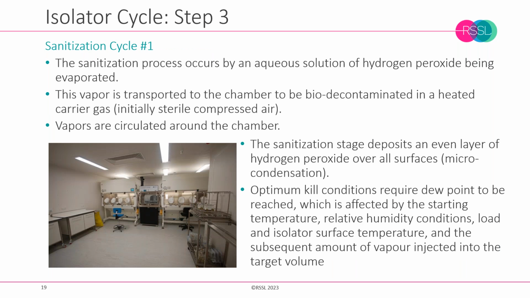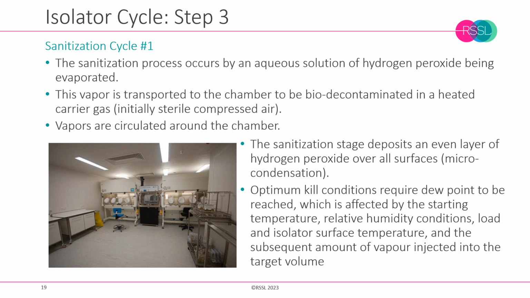So our cycle uses, as I mentioned, typically 35% concentration of hydrogen peroxide. And as the vapor is transported into the chamber, the isolator, to be bio-decontaminated, it's done so in sterile compressed air, which acts as a heated carrier gas.